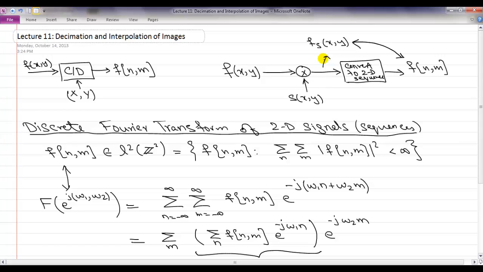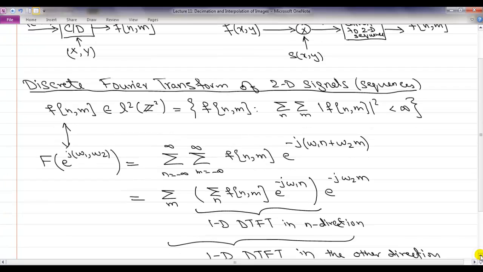It just consists of multiple copies of your original 2D Fourier transform, and each copy is just scaled in amplitude by 1 over XY. So we already know that if we can set up the relationship between f_s(x,y) and the sequence, we'll know the relationship between the sequence and the original signal.